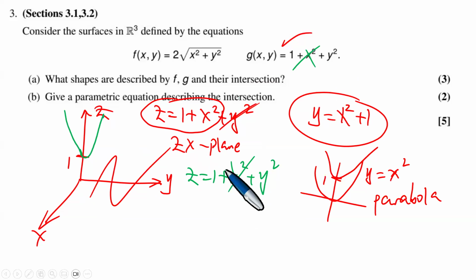When y is 0, you have z equals 1. And then y can be 1. If y is 1, then you have 1 plus 1, which is 2. So z is going to be 2 whenever y is 1.